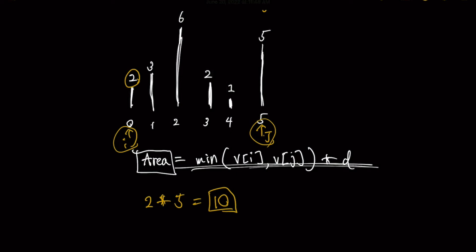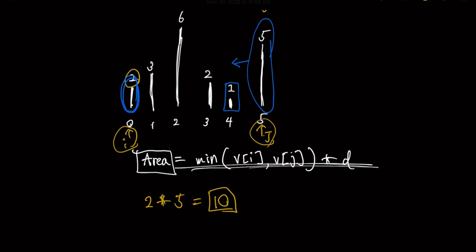And okay, we see we are getting an area of 10, but how do we update the pointers? So we know this height is defining the minimum height, so we should be moving the smaller one. The reason is, say if I move this guy right here, my minimum is gonna be 1.